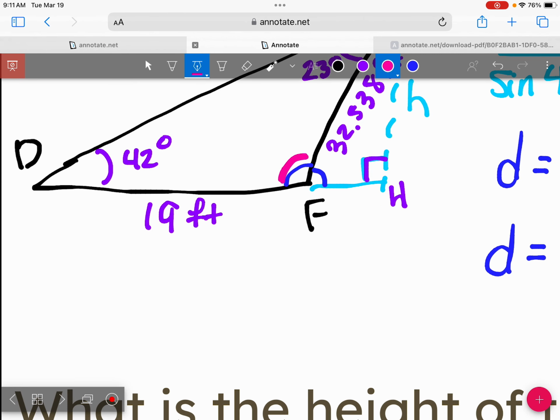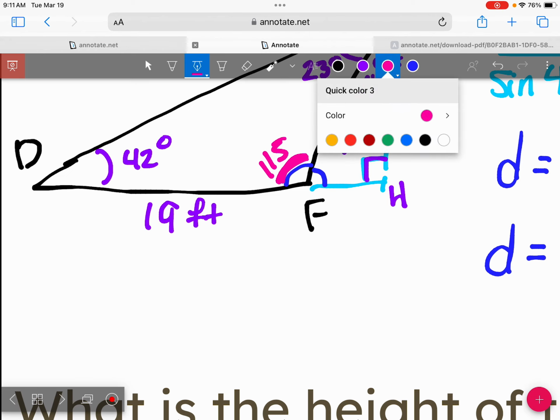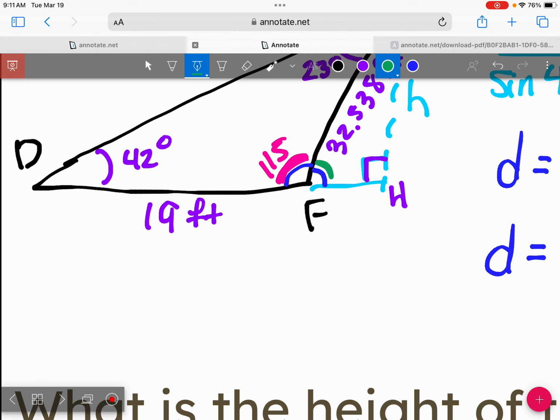So this angle here is 115. We know that because all of the angles are going to sum up to 180. 42 plus 23 plus 115 is 180. Which means this angle F is what? 65.